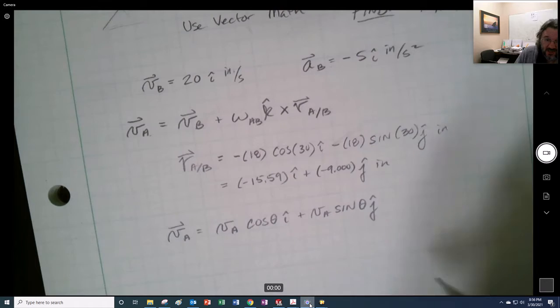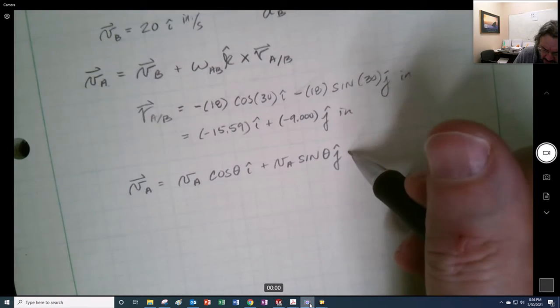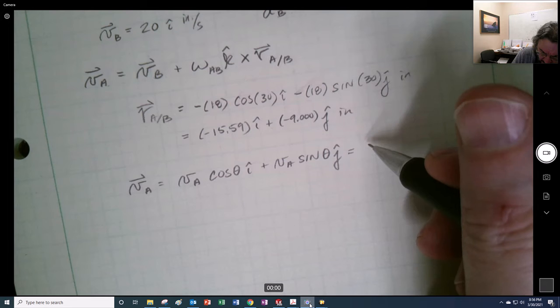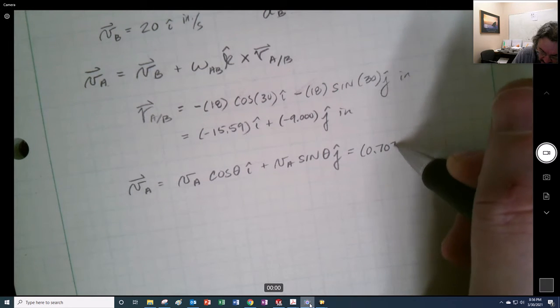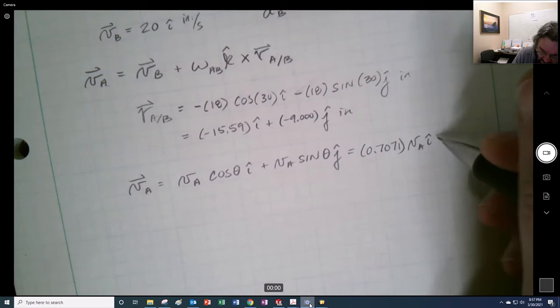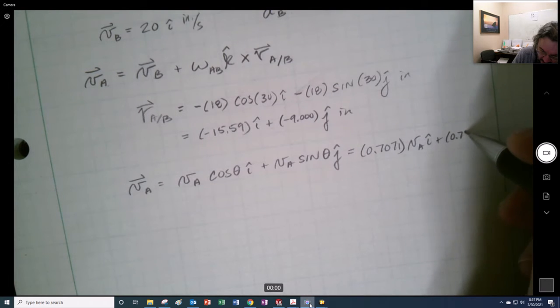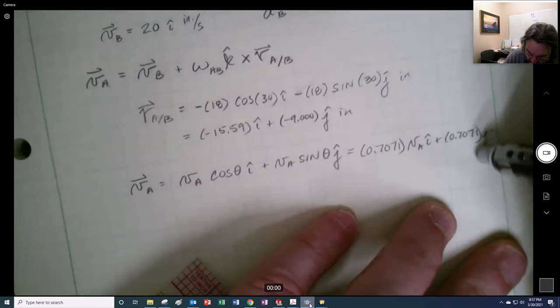I was thinking about maybe I should have kept all that stuff in, but I can go ahead and write that this is going to be 0.7071 VA i plus 0.7071 VA j.